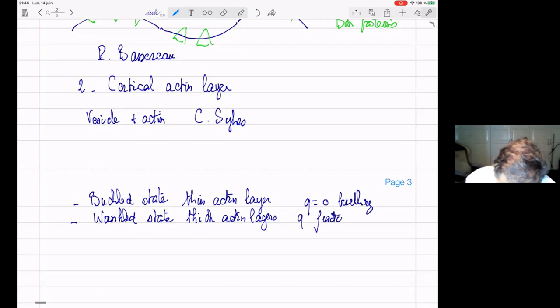And this is what we call wrinkling. I won't be more quantitative here. I'll come back to that at the end, and I'll show you what the wavelength is in this case. However, this is a vesicle, and this is not the cell.